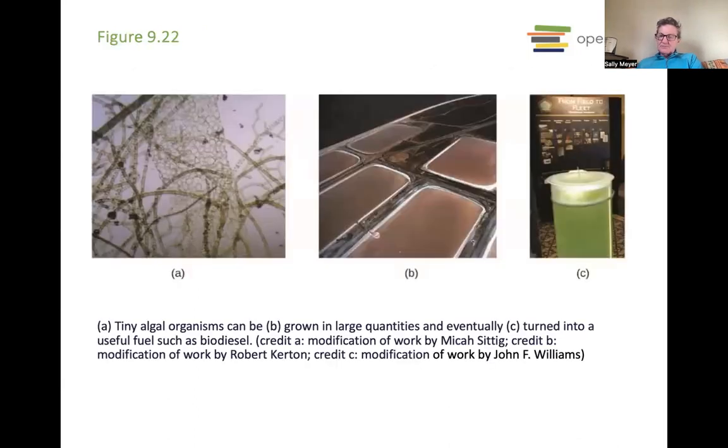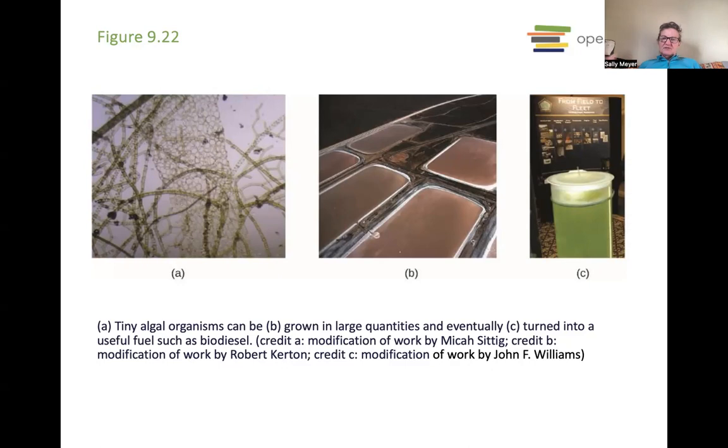These are some pictures, and there's a discussion in your book about how you can make fuels from plant material so that they're not contributing to an increase in CO2. So if you burn gasoline, you're clearly taking it out of storage, which for millions of years it's been underground. You're burning it and you're increasing the CO2.